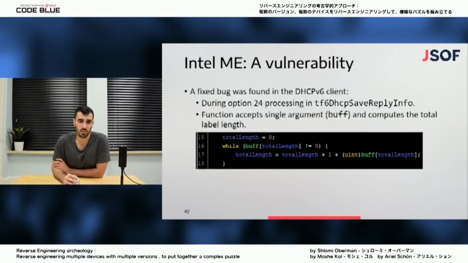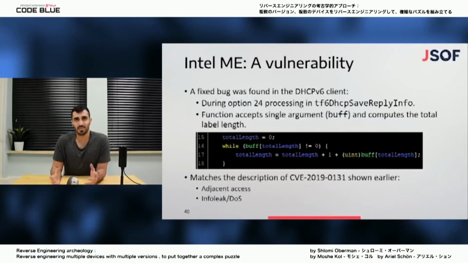You can see in this snippet of code, they iterate over the length byte of a label, and they don't check bounds on the buffer. So this snippet very much feels like the description of the vulnerability we saw before, because it's DHCPv6, so adjacent access, and this out-of-bounds access may also cause an information leak or denial of service, for example, if we read from an unmapped page.